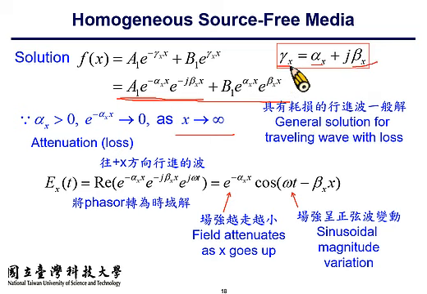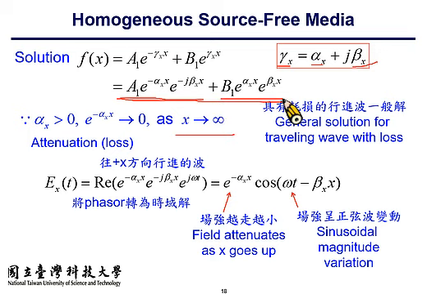Gamma itself is a complex number, but gamma falls in the first quadrant of the complex plane, which means alpha is a positive real number, and beta is in general a positive real number. So because alpha is positive, exponential of minus alpha x goes to 0 as x goes to infinity.